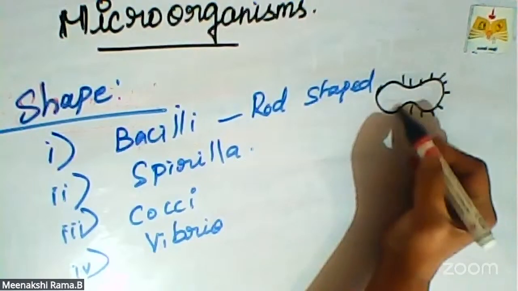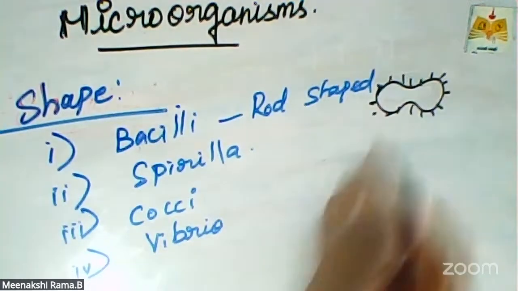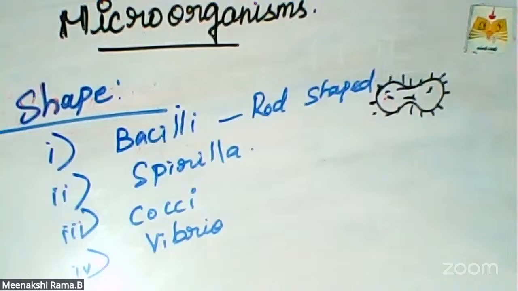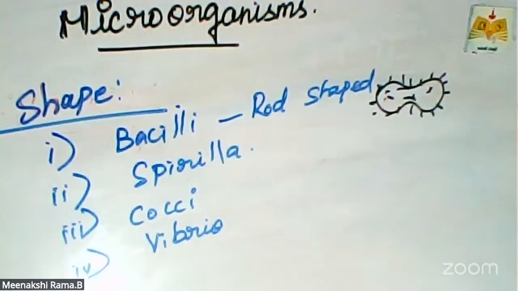So this is the structure of bacilli. So bacteria are classified according to the shape of their cells. They are classified into four types. One is bacilli. Bacilli is a rod-shaped bacteria. Example, Bacillus anthracis. And next one is spirilla.